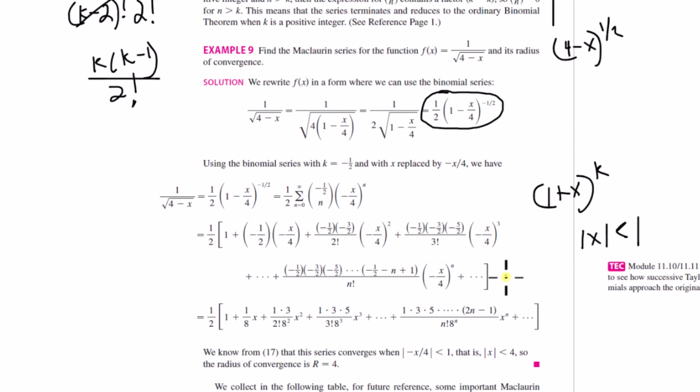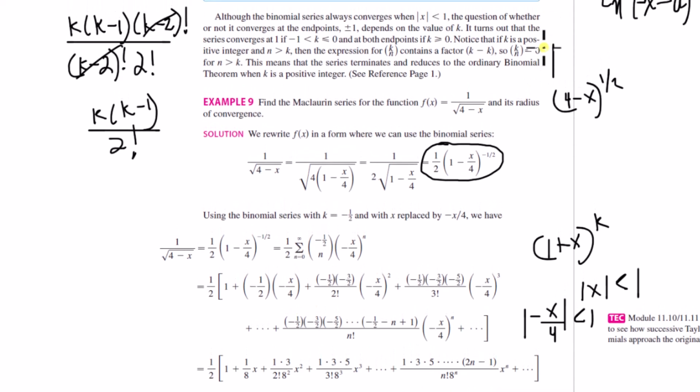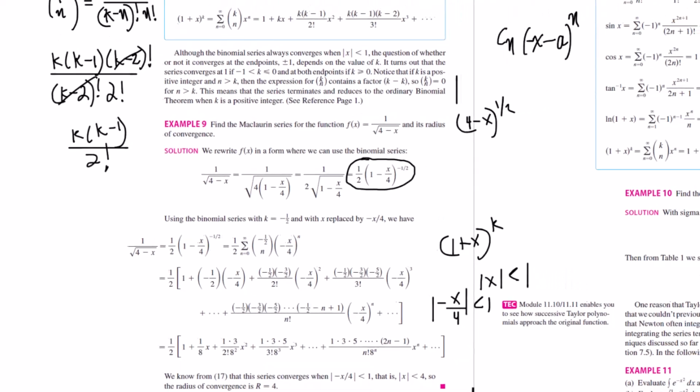All you're going to do is take minus x over 4 and put it in, and solve that to get the radius of convergence. As far as the endpoints, my guess would be that they follow this same rule here, but they don't state that officially. It would probably be good to go ahead and check yourself. Okay, so that is the binomial series.